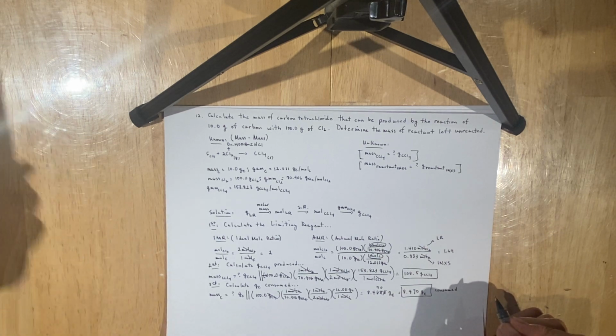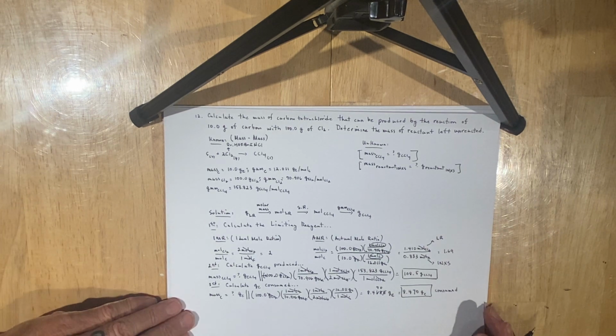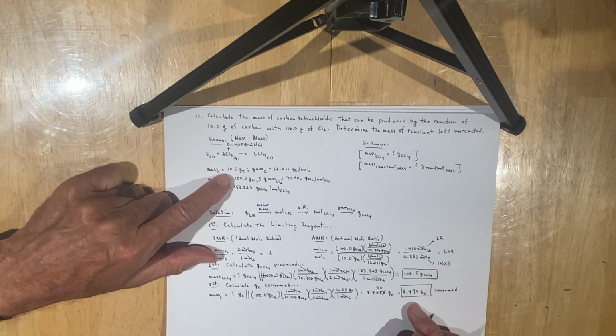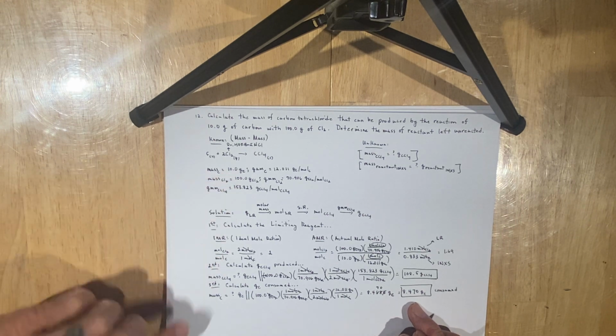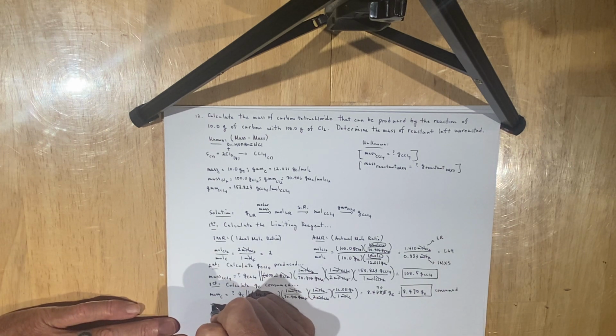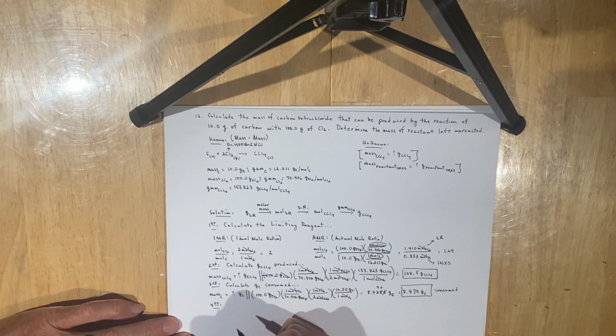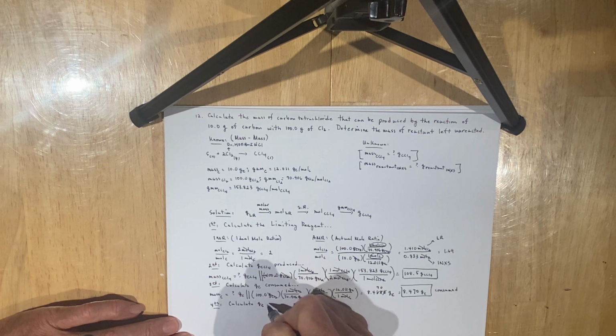So with that said, the next task is to look at the difference between the mass of carbon you started with and the mass that was consumed. So the fourth and last calculation that we have to do is to calculate the grams of carbon that were in excess, just like the old rock group.